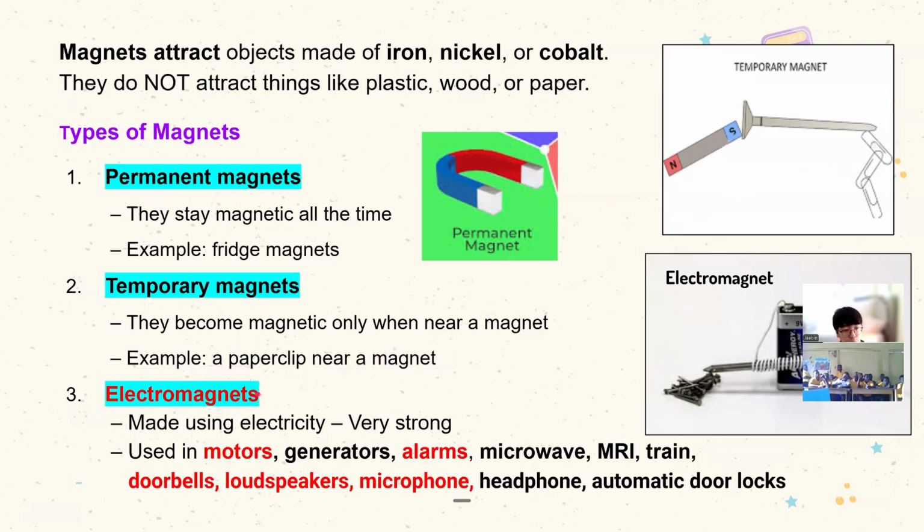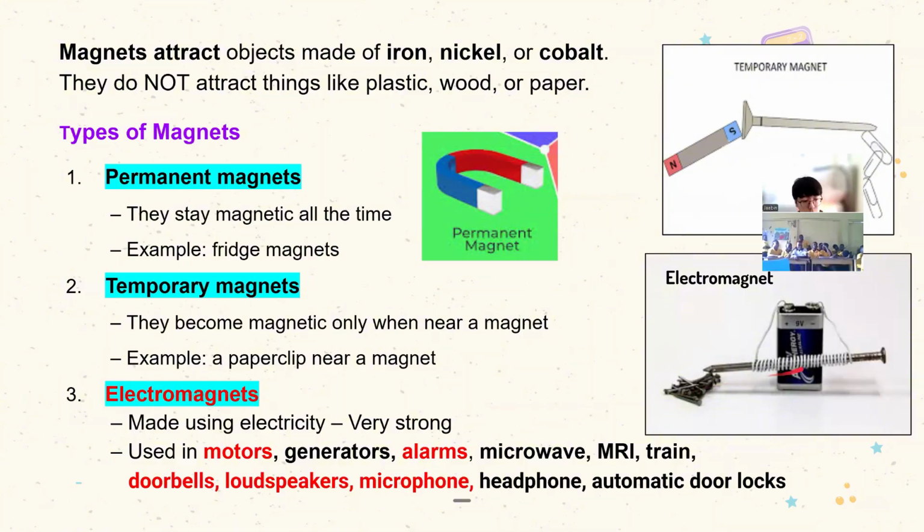There's another type of magnet called the electromagnet. This is made using electricity, which produces a very strong magnetic field.